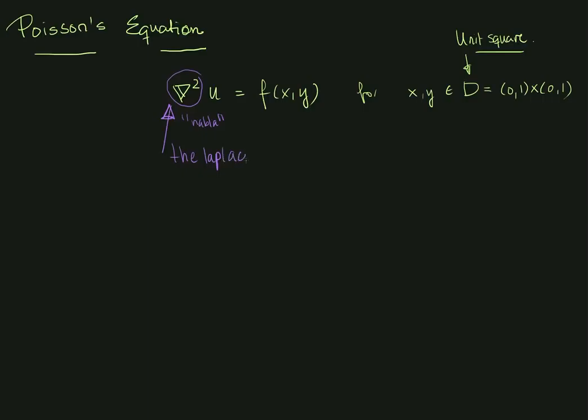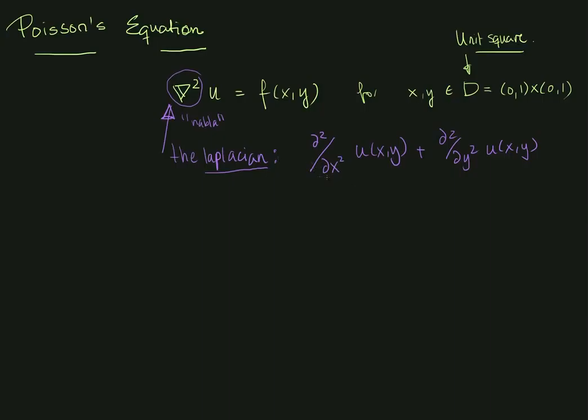It is a shorthand notation that we use instead of the following: the partial derivative of u twice with respect to x plus the partial derivative of u twice with respect to y.